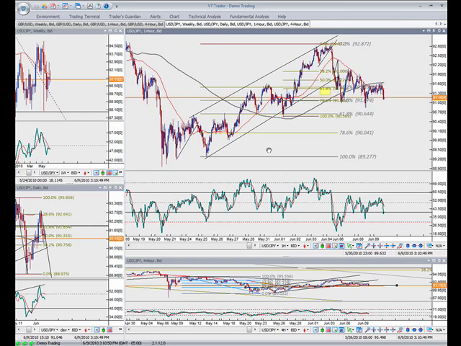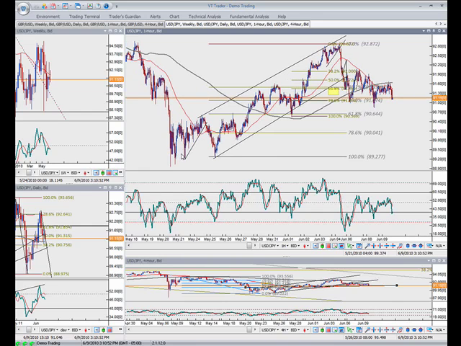Here we have this correction. So what this could have been is A, B, and then a C pattern, a completed C pattern, which is now breaking down.